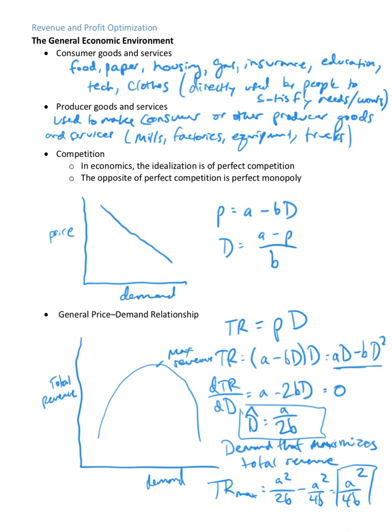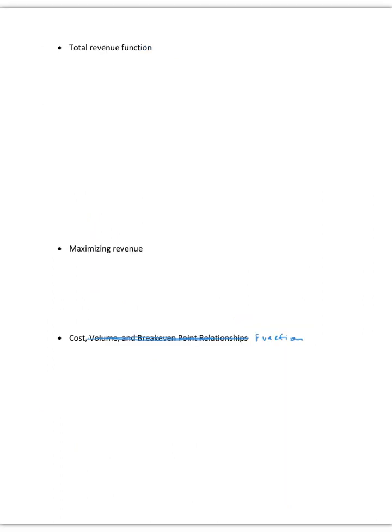Okay, so what we've established is, what does this price and demand relationship look like? What is the total revenue function? And then how do we figure out the demand that maximizes total revenue, and what is that maximum total revenue? All right, next page. So total revenue function, we just did this on the previous page.